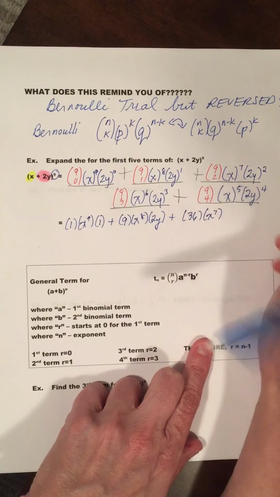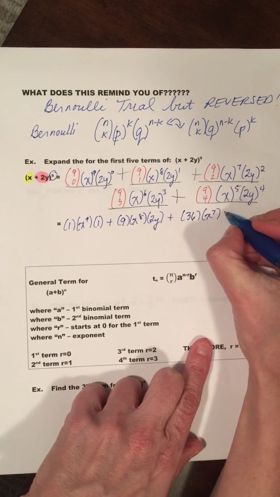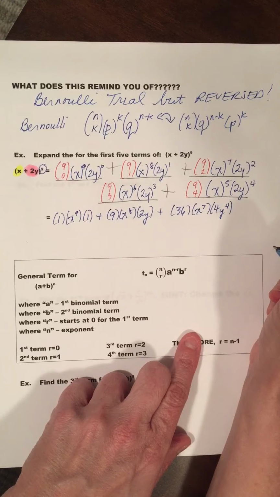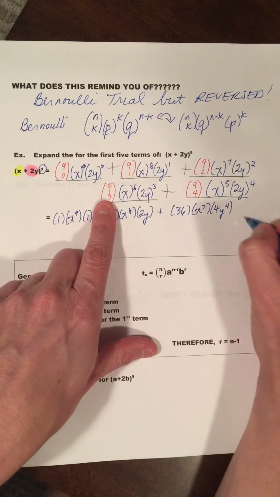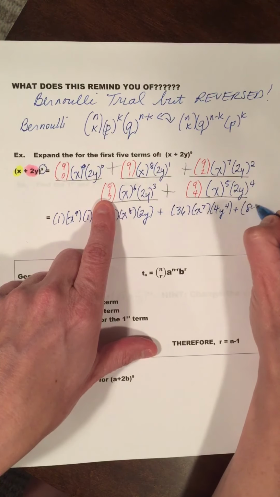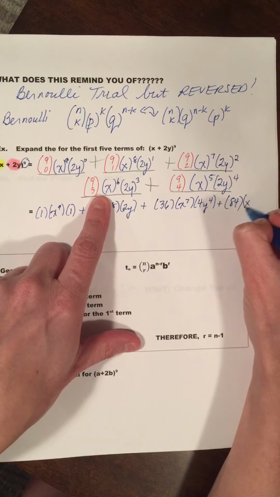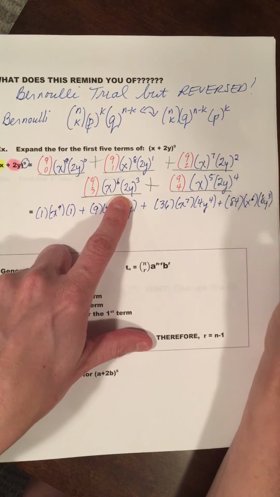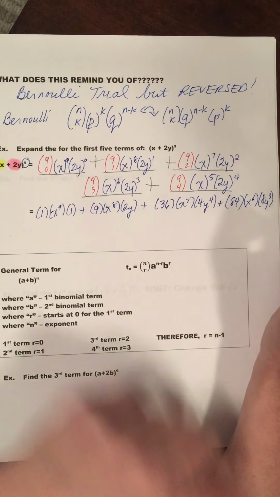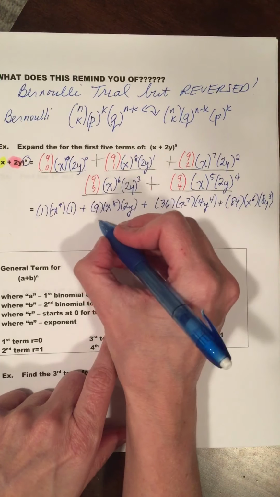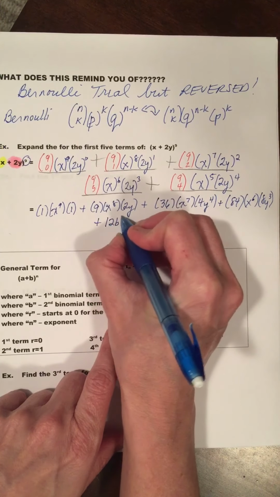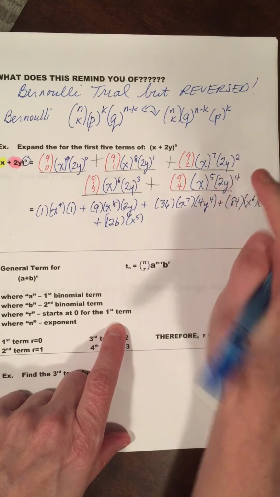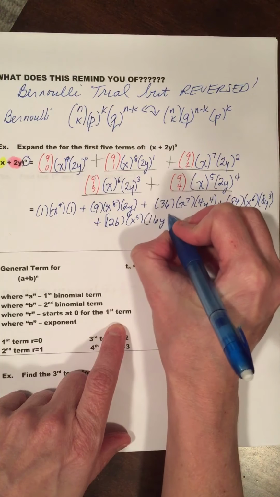X to the 7, careful, 2y squared is 4y squared. 9 choose 3 is 84. X to the 6, 2y cubed is 8y cubed. 9 choose 4 is 126. X to the 5, 2y to the 4 is 16y to the 4.